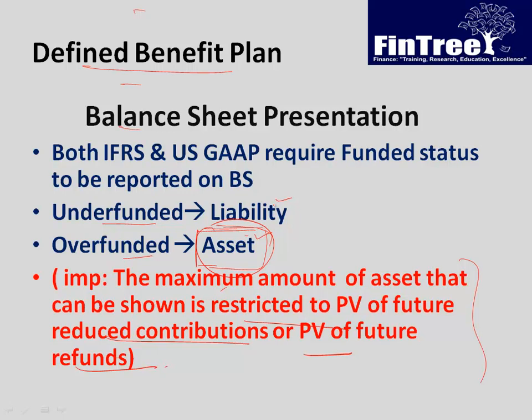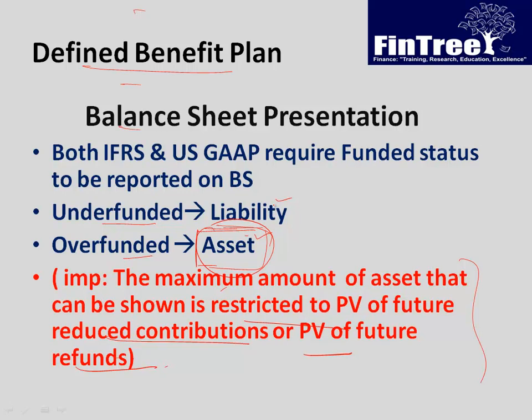So that means now you would not be required to make any funding whatsoever because the plan is mature. So your reduced contributions are approximately, let us say 30, which you had originally planned. So you take the present value of those 30 and that would be the amount that you would show on your asset.